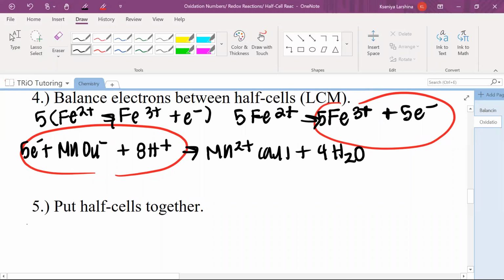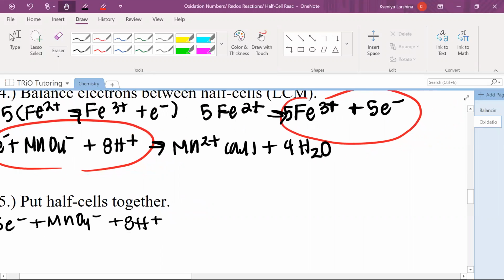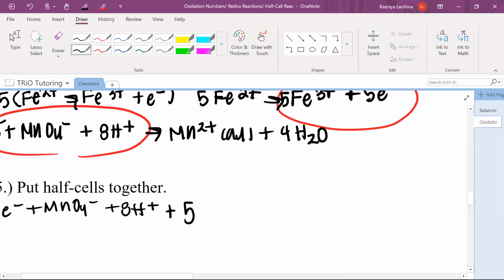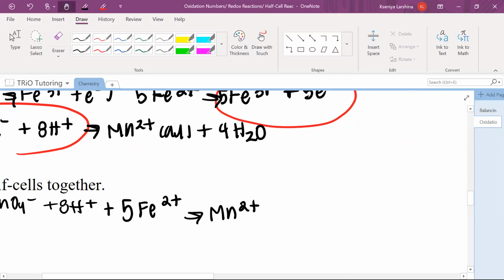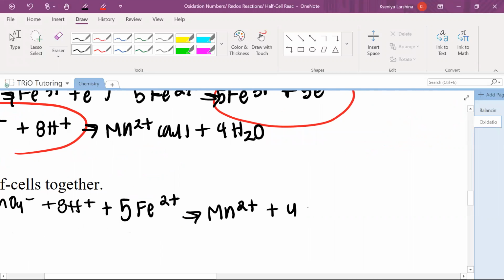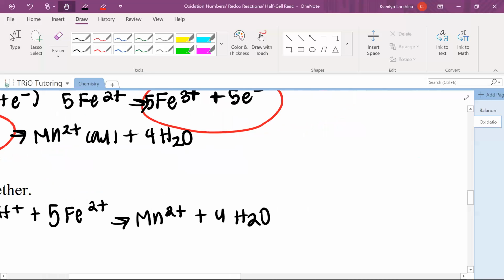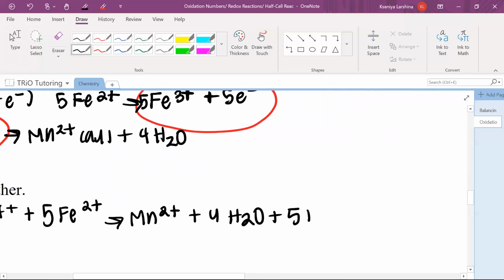We have 5 electrons plus MnO4 negative plus 8H plus, adding our 5 iron 2 plus going into Mn2 plus, adding our 4 water, adding 5 iron 3 plus, and 5 electrons.